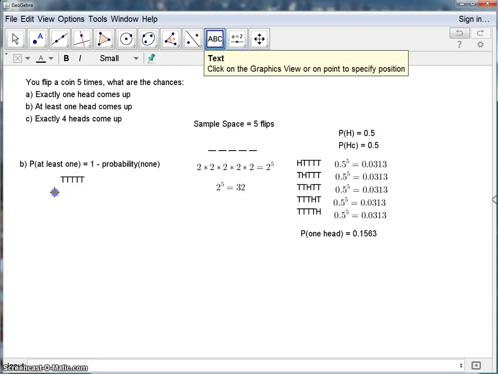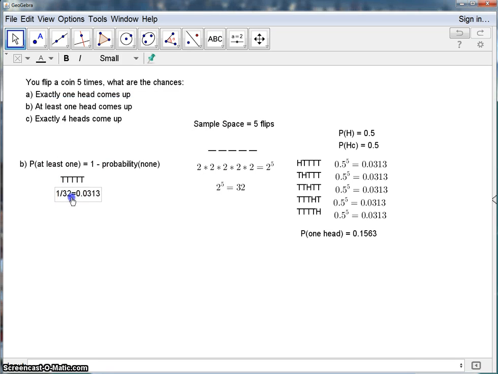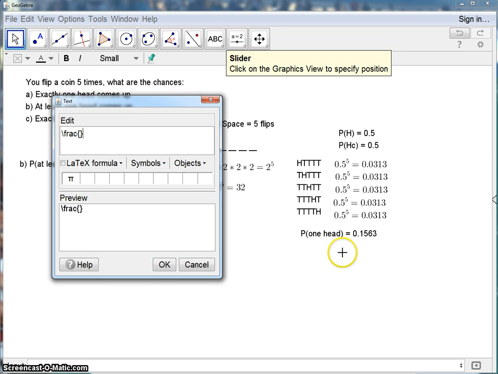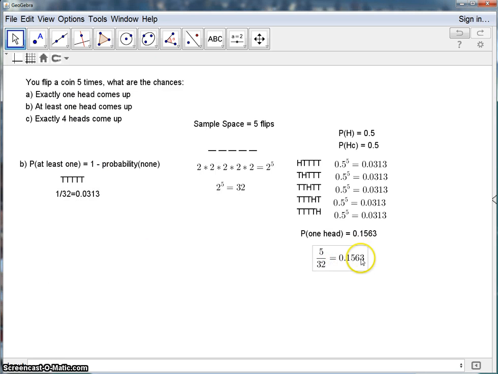And that's only one option out of 32, which is conveniently also equal to our result from before. Another way to think about this result is 5 over 32. I'll just quickly calculate this: 5 divided by 32 is actually the same number, because we did it the sample space way and also the probability way.